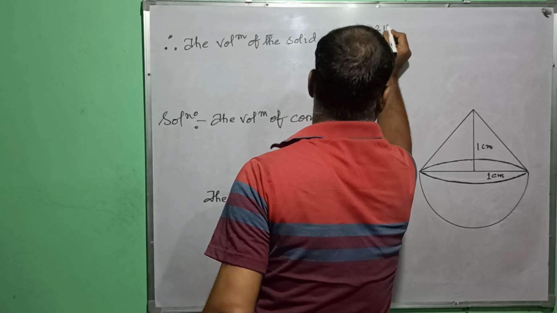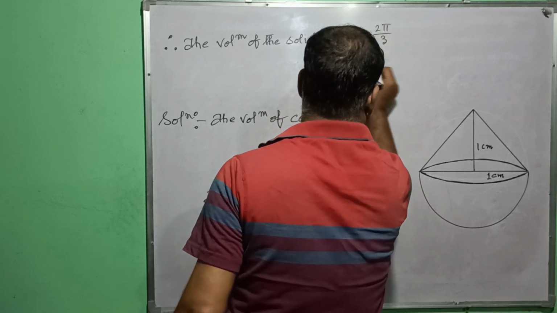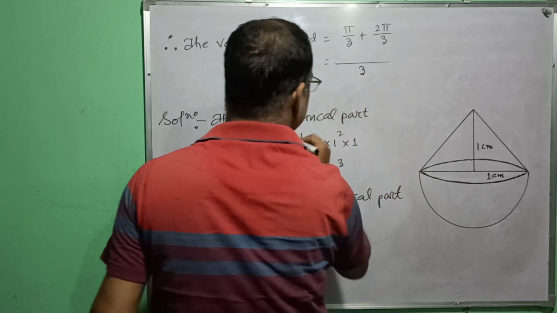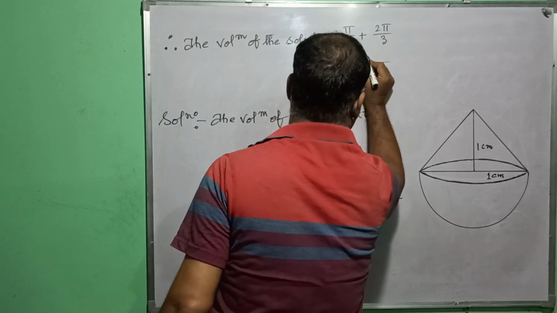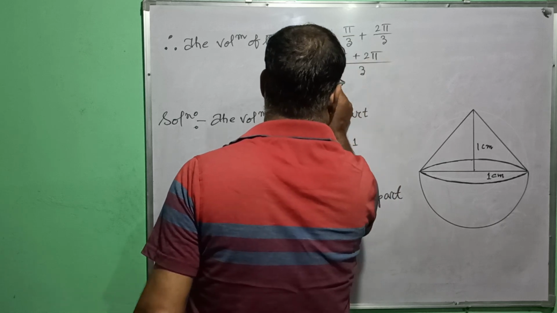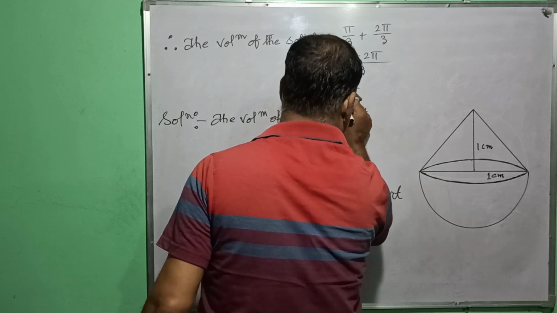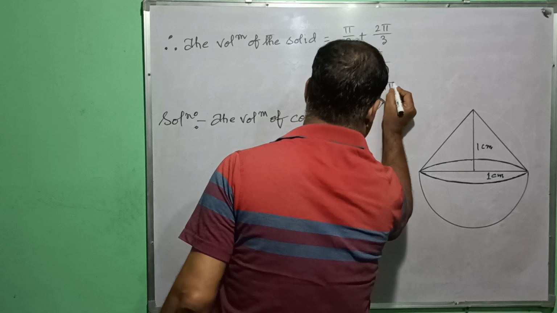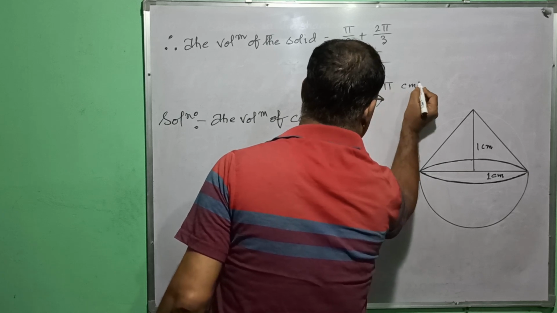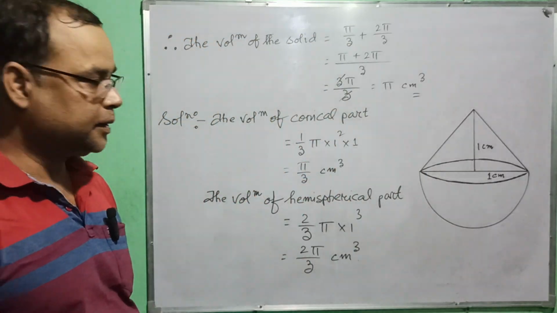Taking LCM as 3, here will be pi plus 2 pi equal 3 pi by 3. So 3 cancel, here will be pi centimeter cube. This is the answer. So I hope you can understand.